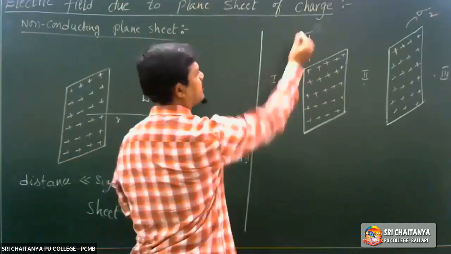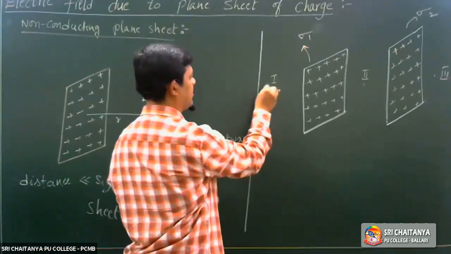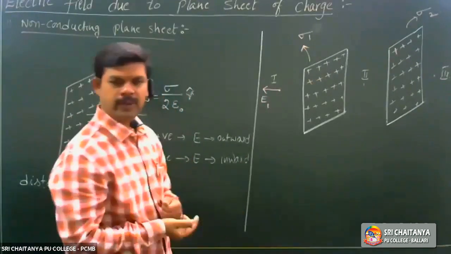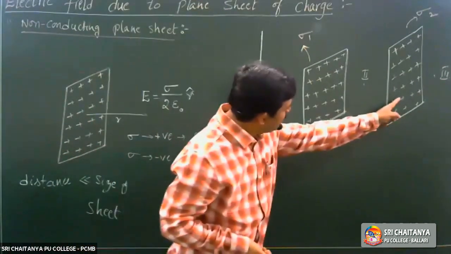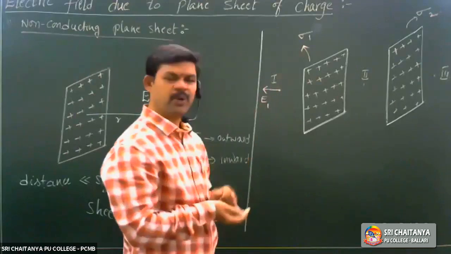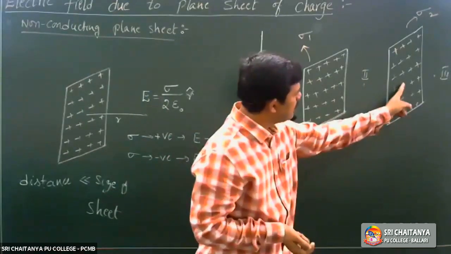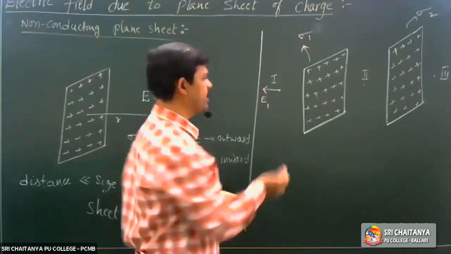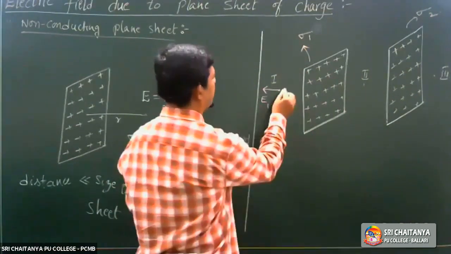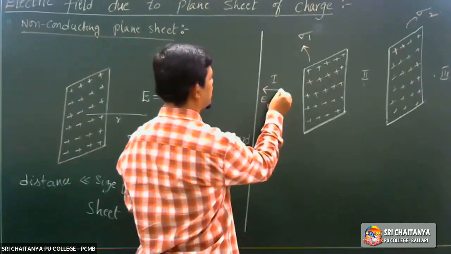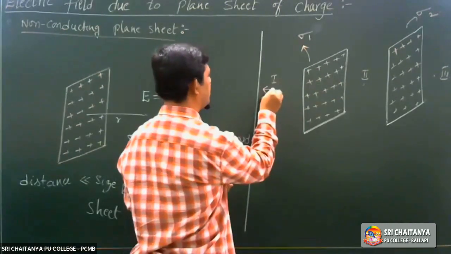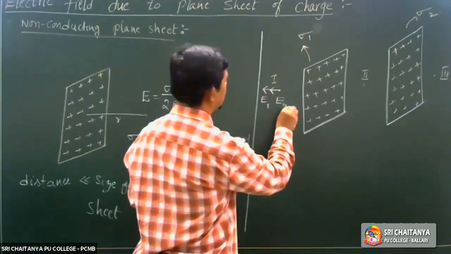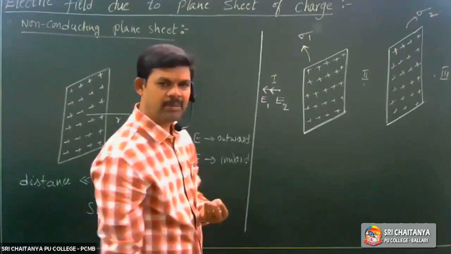So if I take this as the first plate, due to this, this is the electric field here. Okay. Due to this second plate, what is the electric field at this point? It also has positive charge, so the electric field is outward from it. So due to the second, what is the direction of the electric field? It is also in this direction. E2. Finish. Both are in the same direction.